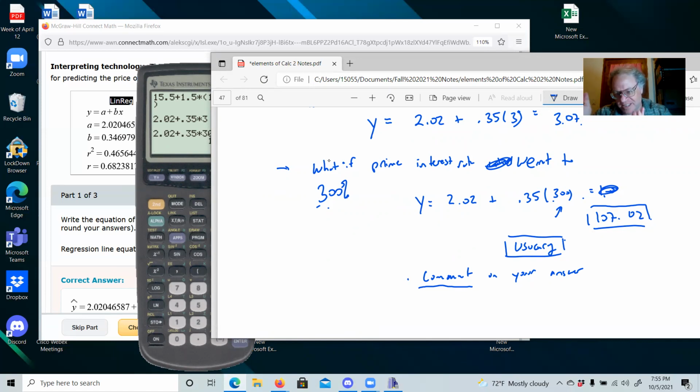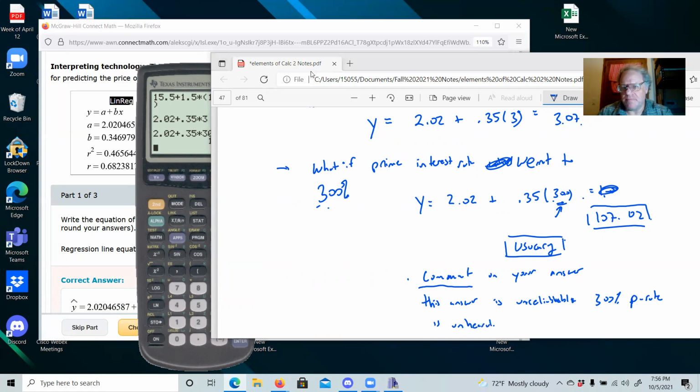I picked something that is far more common to your life than this stock. You have no idea which company this is, and probably never heard of a prime rate before, and I don't know what it is either. I know what the prime rate is, but if you ask me for a number, I wouldn't know. I have no idea what stock this would be, so I can't really comment. But I do know that if prime rates went to this level, this answer is misleading, or this answer is unreliable. 100% interest rate, prime rate is unheard of.